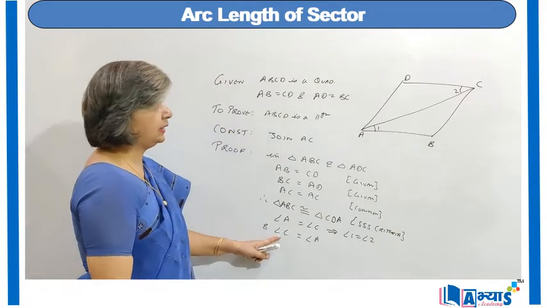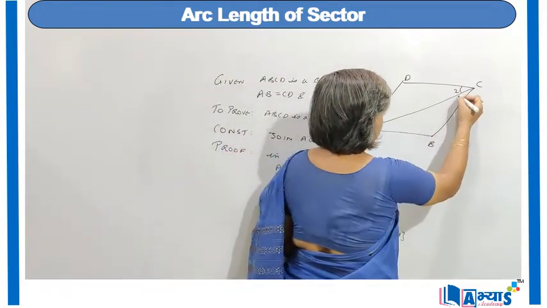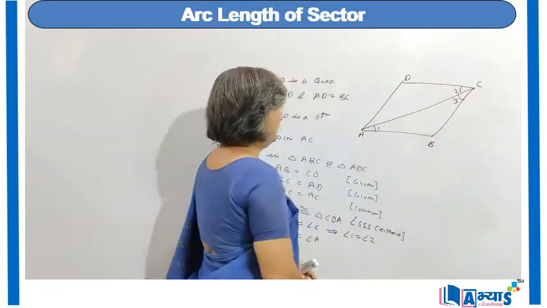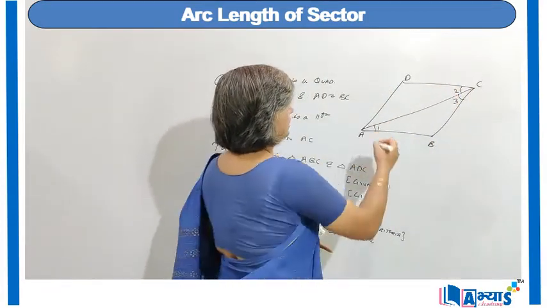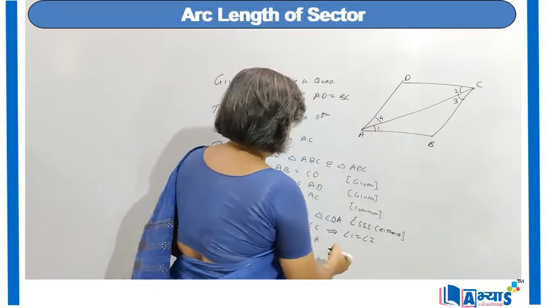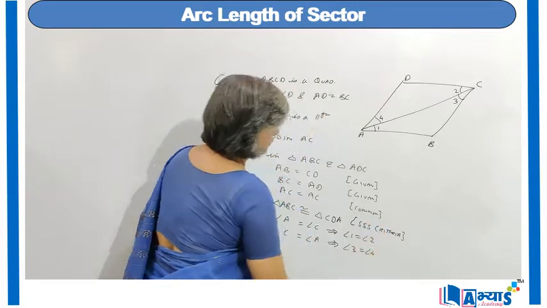And similarly, let us suppose the angle C of triangle ABC is 3, and the angle A in triangle CDA let us mark as 4. So it implies angle 3 is equal to angle 4.